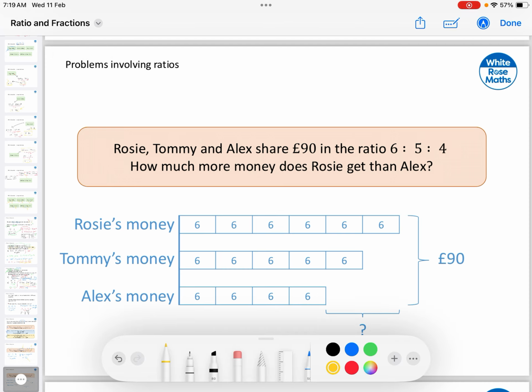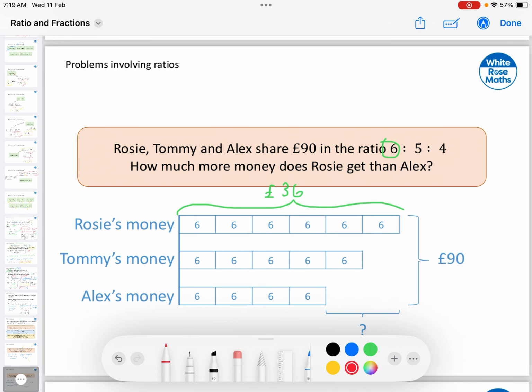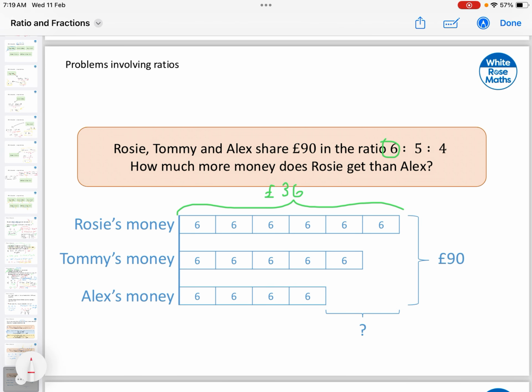Of course, if you guys can find the answer without the diagram, it's perfectly fine, but take a look how nice this is. We already know that every part has a value of 6 pounds. Rosie has 6 parts. So that means that she has 6 times 6, so that is 36 pounds. Now let me use red. We move into Tommy. Tommy has 5 parts.